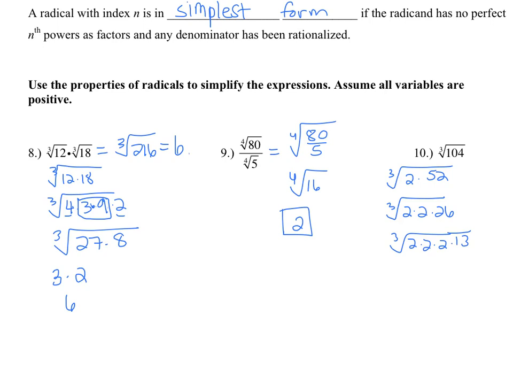Well, I've got the cube root, I've got 3 twos, otherwise known as 8. Cube root of that is 2. And then I've got my 13. So it's going to be 2 times the cube root of 13. Or from the very beginning, you could have seen 8 goes into that 13 times. So you could have broken it down into 8 times 13. Cube root of 8 is 2. And then you have the cube root of 13.